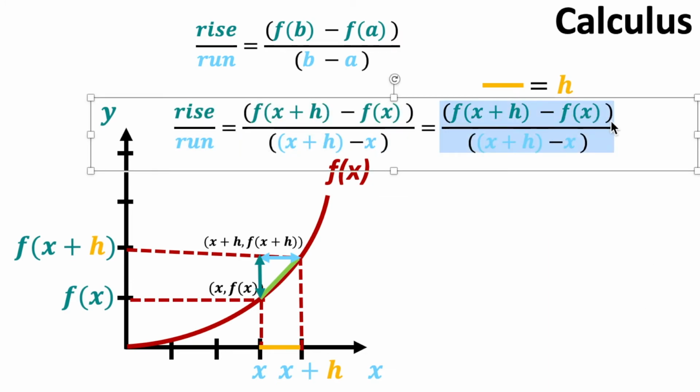So this is what we found, right? You can notice at the bottom here, we have a positive x, and then here we have a negative x. So these two can cancel each other out, and we would just be left with h. So this is what we're going to write.